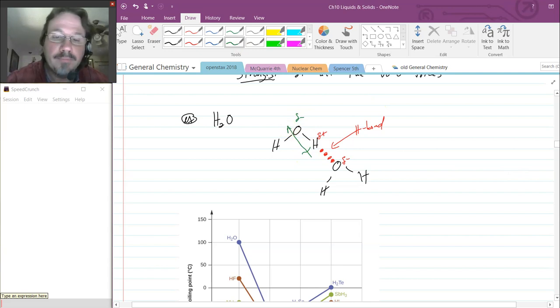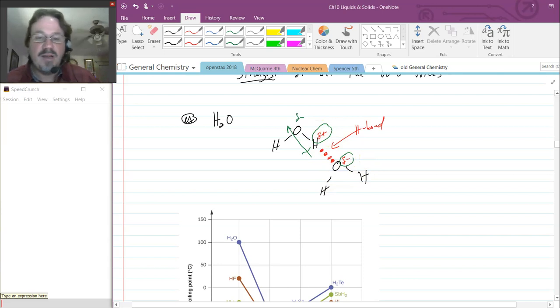Just for that one bond. Overall, the whole molecule has one going straight up through the oxygen. But that one bond there, the H to O bond, there's the dipole. So you got this fairly strong partial positive right there. The next molecule over, this water, again, there's its partial negative. And so, hey, those two partials are going to attract to each other. I drew that with the dots, the red dots there. That's your H bond. Okay.